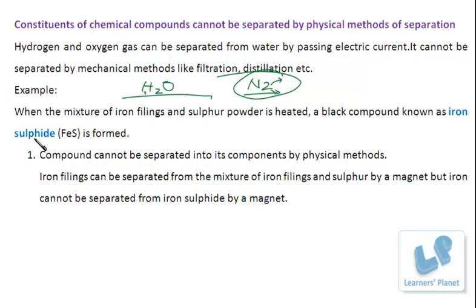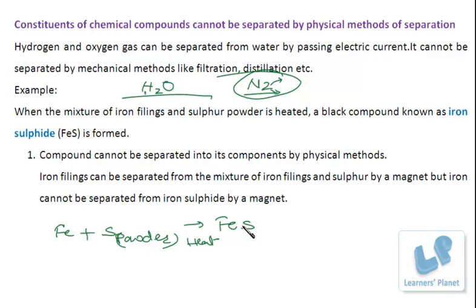Let's take one more example here. Say when the mixture of iron filings and sulfur powder is heated, a black compound known as iron sulfide is formed. Say iron filings plus sulfur powder, when it is heated, what is formed is iron sulfide. Heat.